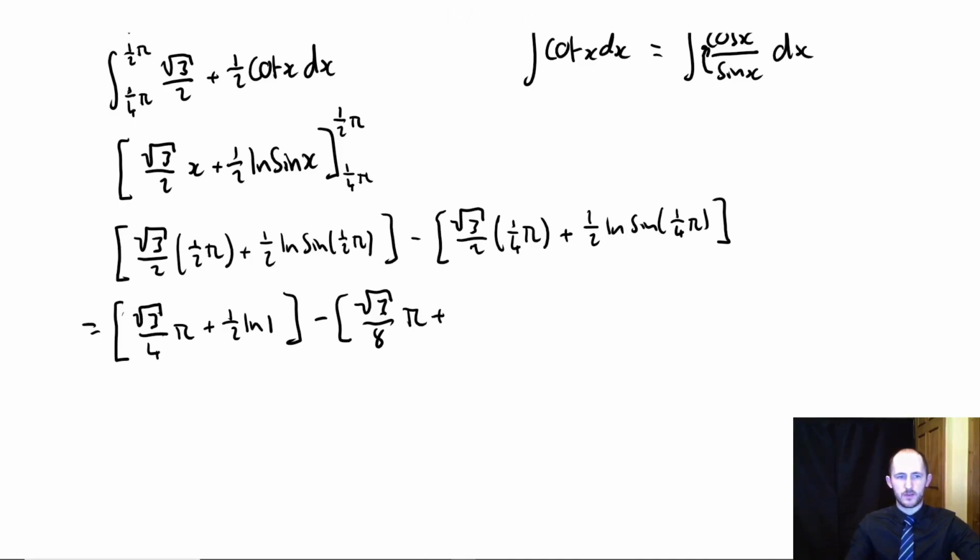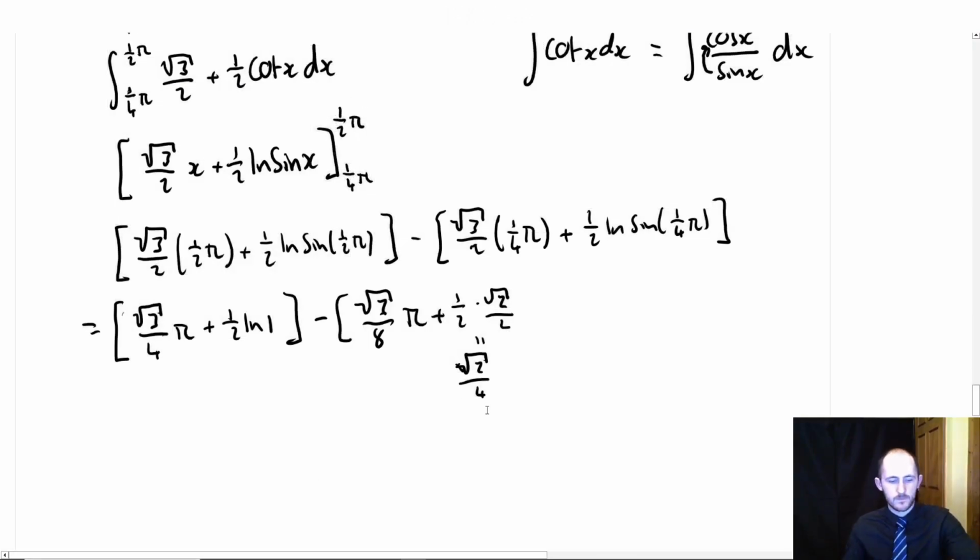A quarter would be root 2 over 2, so half. So that bit here would just be root 2 over 4. Actually no, sorry, you can't do that just yet. So times ln root 2 over 2.